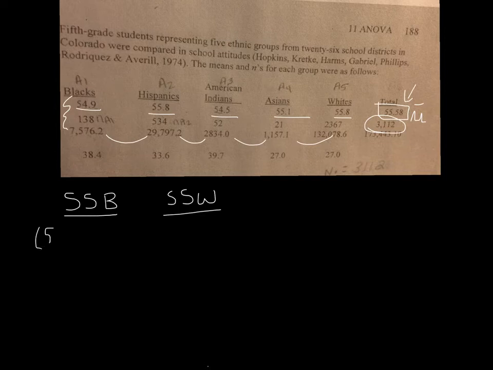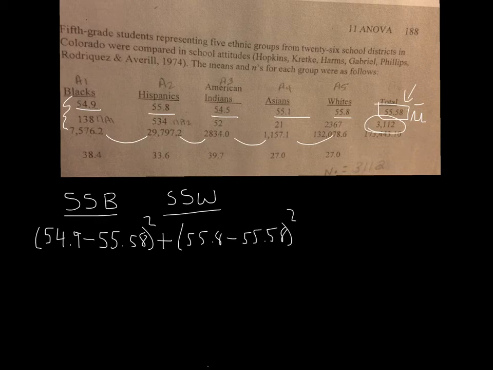So like for the first one, 54.9, we're going to find the deviation of that with the population mean and square it. And then we're going to add the next one, 55.8, subtract 55.58, all squared, and so on for the other three columns, okay?